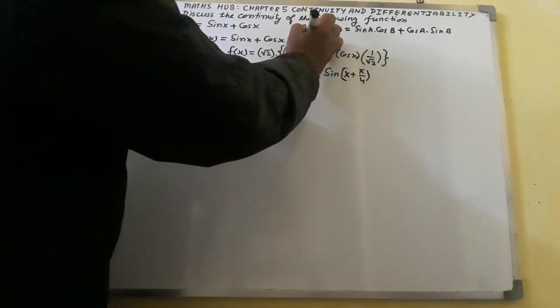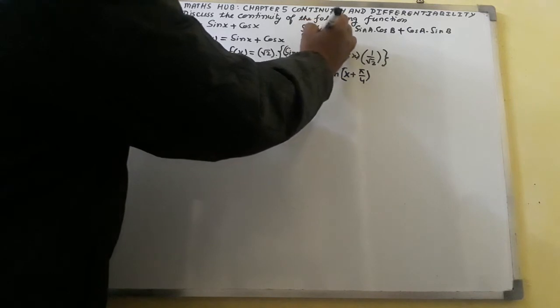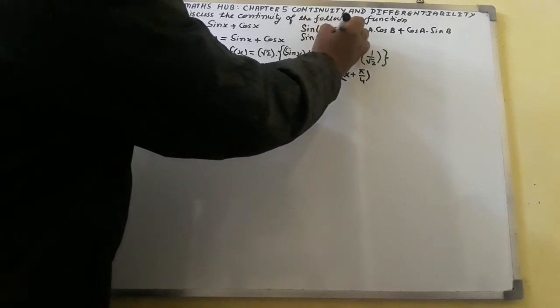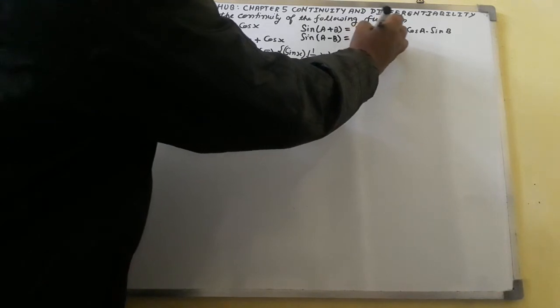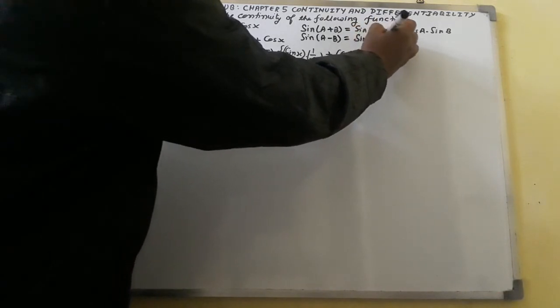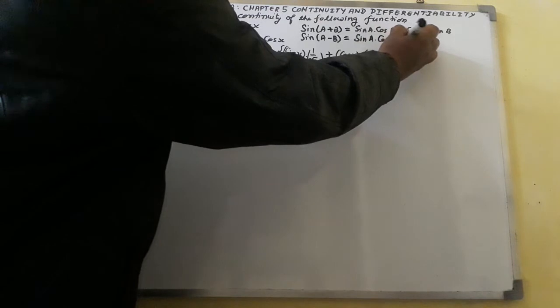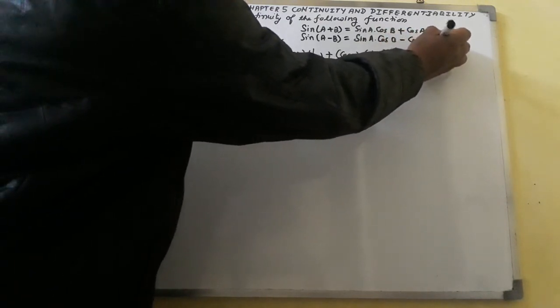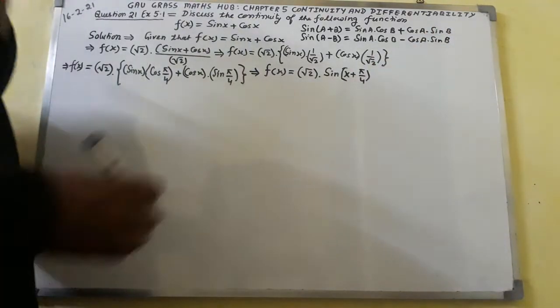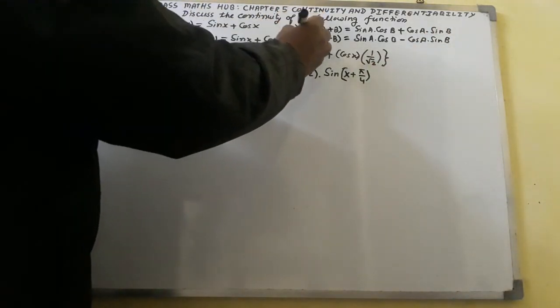Here sin a minus b comes out to be sin a dot cos b minus cos a dot sin b. This is the formula you must remember.